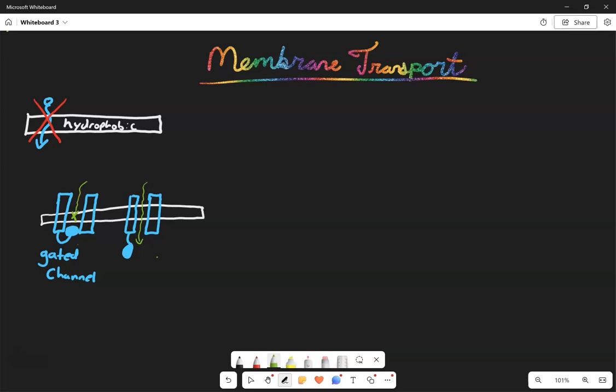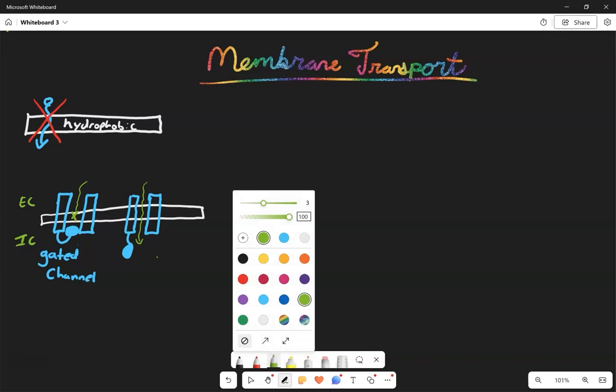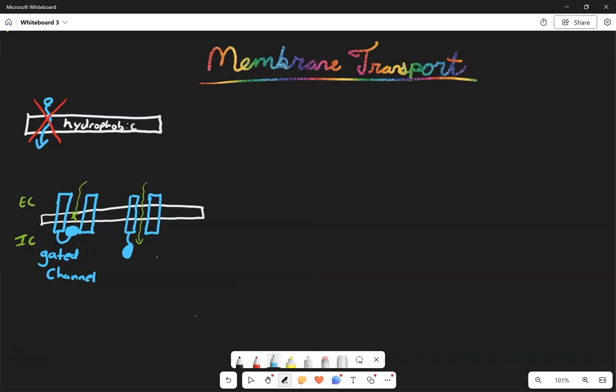So this is what we refer to as a single gated channel. It has a gate on one side, and in single gated channels, the gate can either be on the intracellular side, as I've drawn it here, if we consider this to be intracellular and this to be extracellular, or the gate can be on the extracellular side. It can be either. Gated channels can be even more complex in that they can have two gates associated with them.